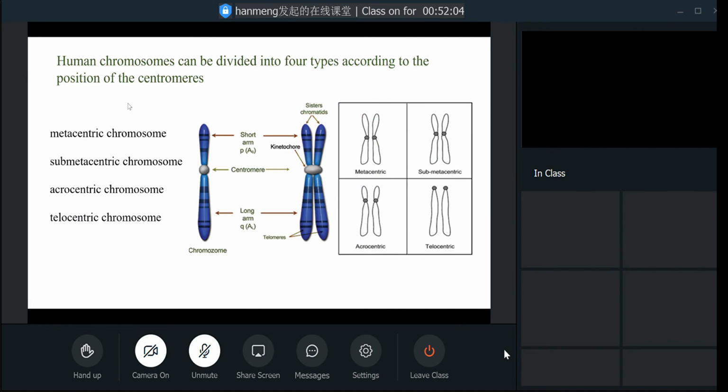And the acrocentric chromosomes are 13, 14, 15, and 21, 22. If the centromere is in the middle of the chromosome, it is named the metacentric chromosome or the sub-metacentric chromosome.